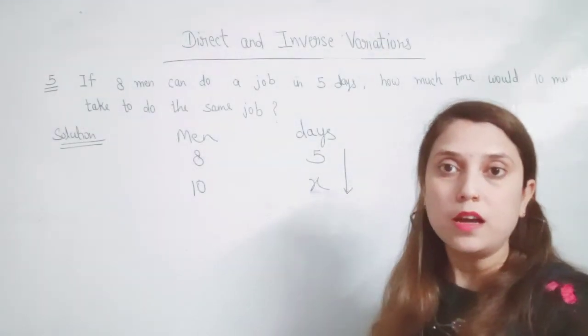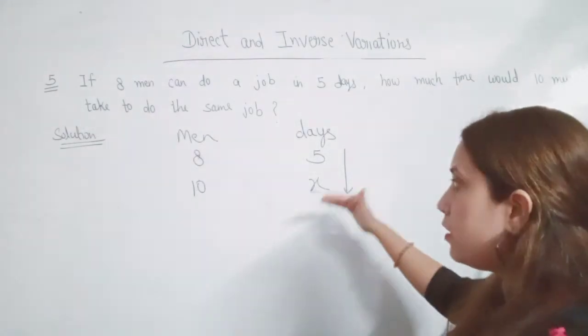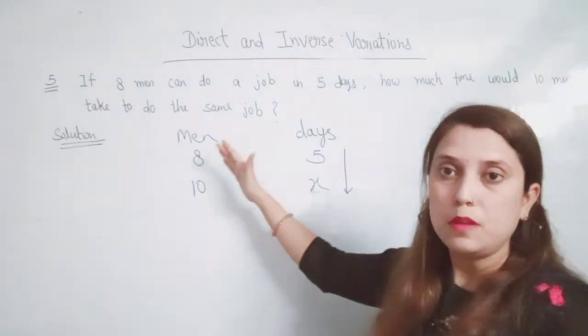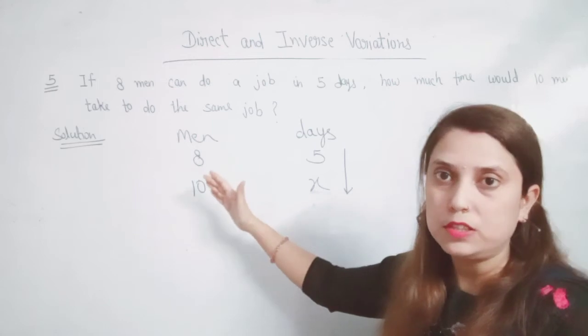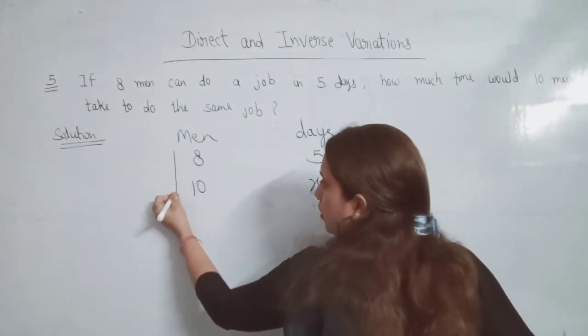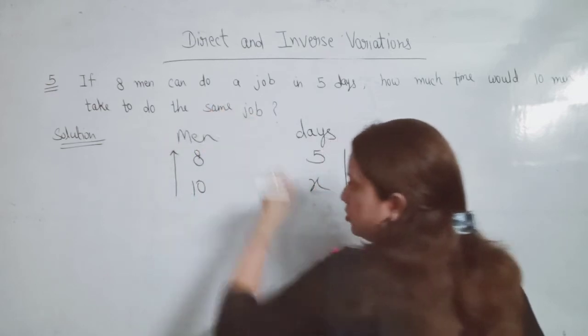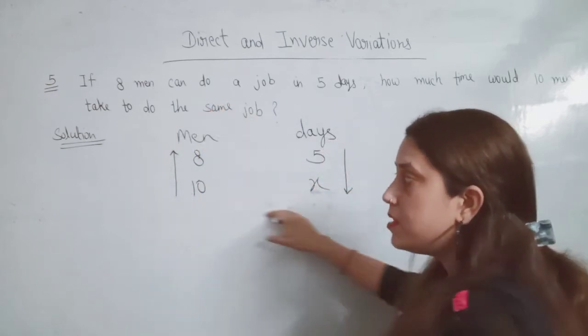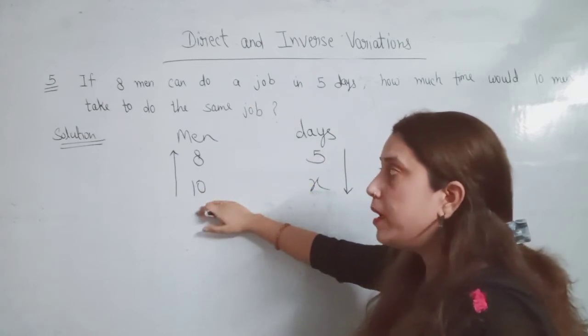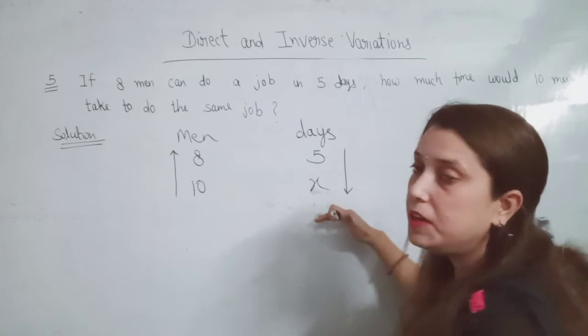So this is the inverse variation, and in inverse variation the arrow will always be in the opposite direction. x is decreased, so the arrow on 8 points to the decrease. If we increase the number of men, then the number of days will be decreased.